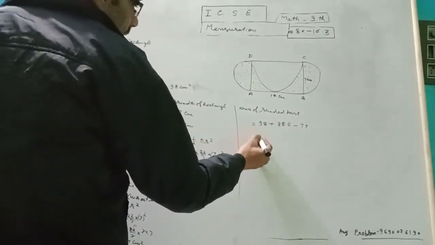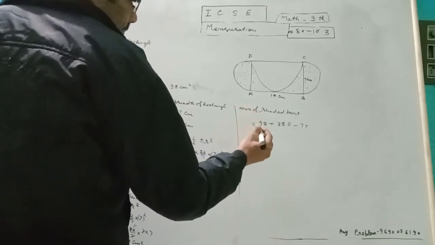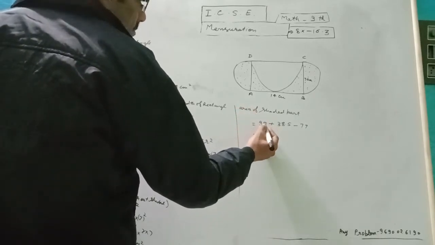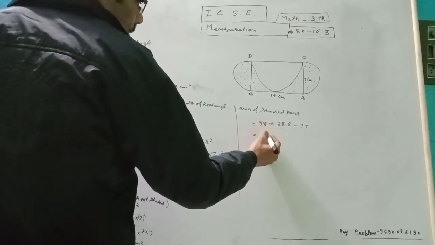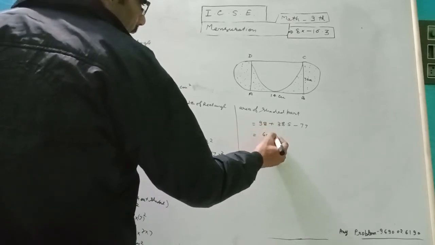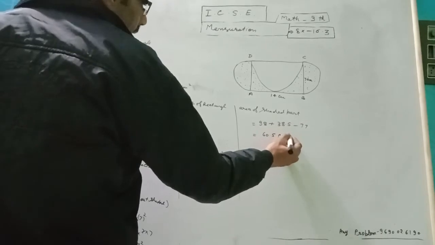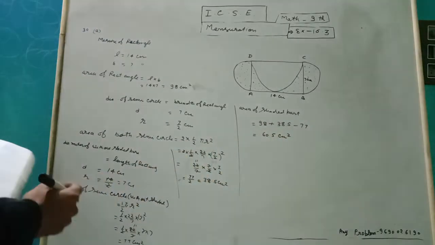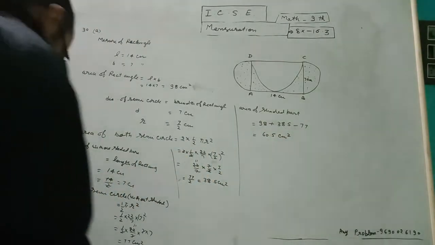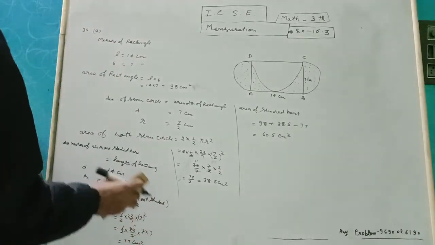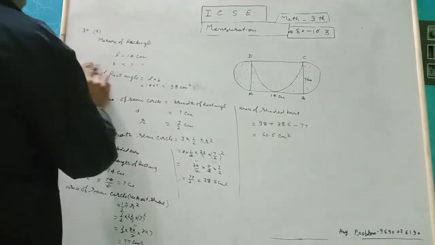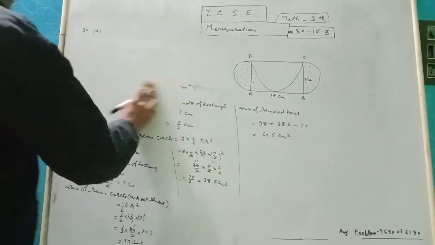After minus, 60.5 cm square is the shaded part. Area of the shaded part of question 30, A part.